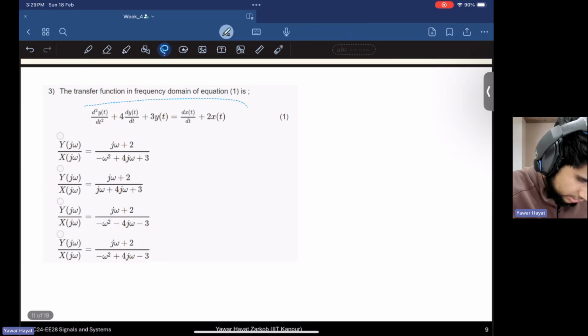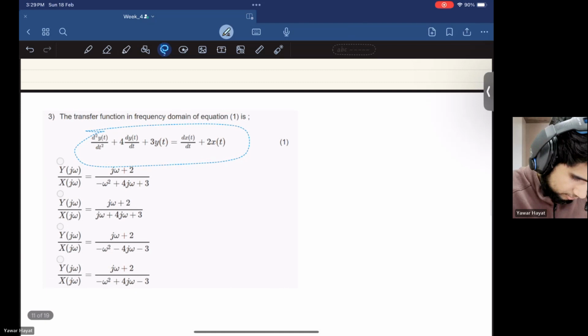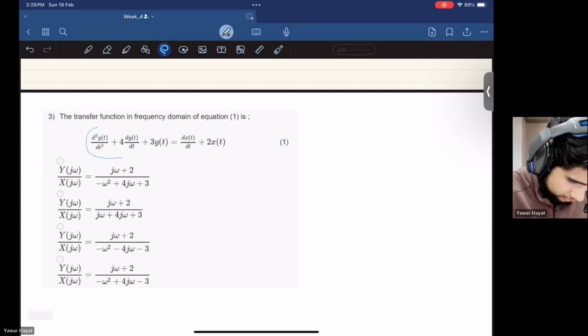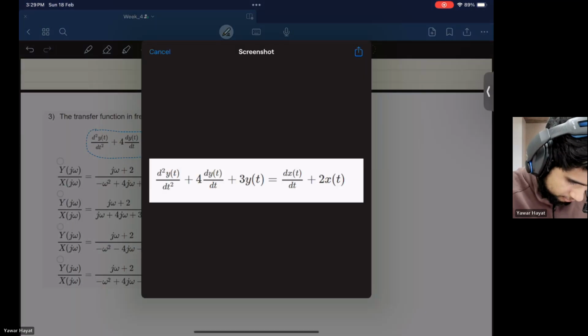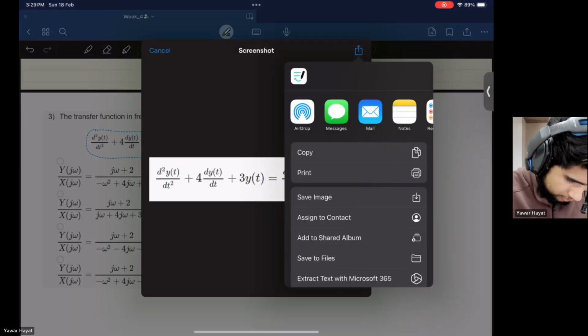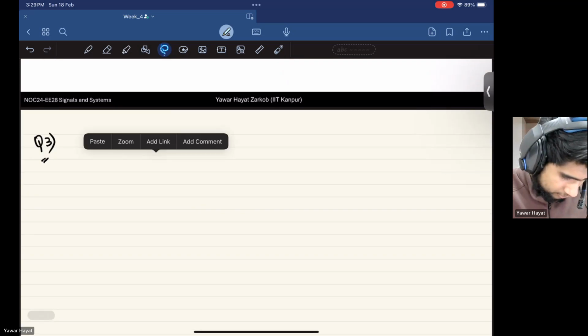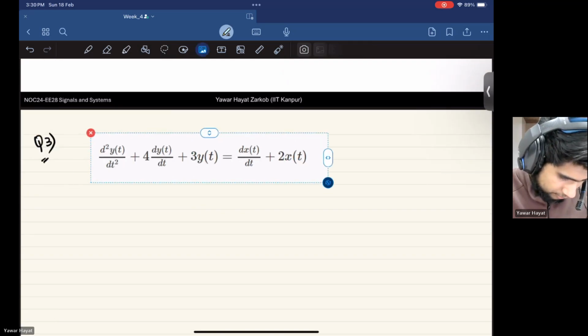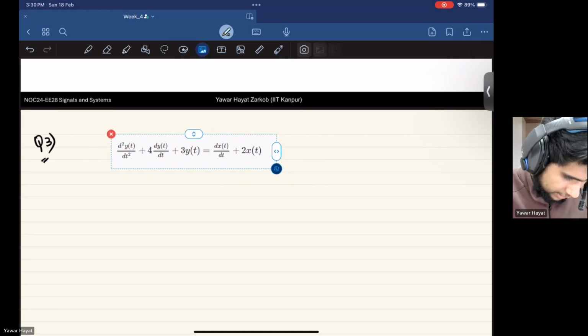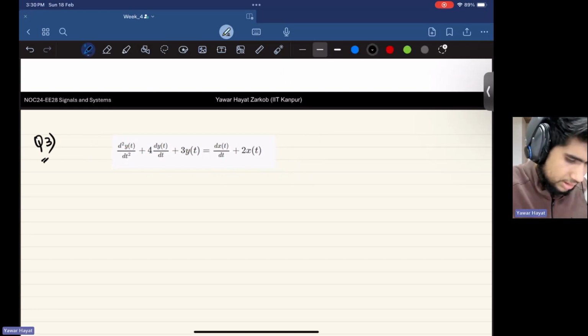And this is our equation. Right, this is your given equation.